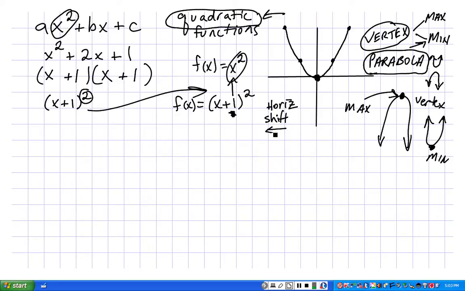Since it's plus 1, it's going to be a horizontal shift to the left 1 unit.